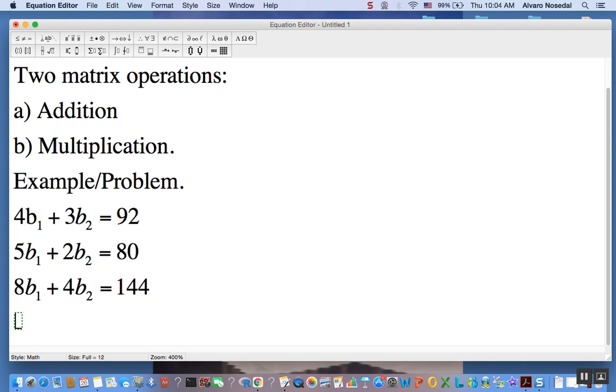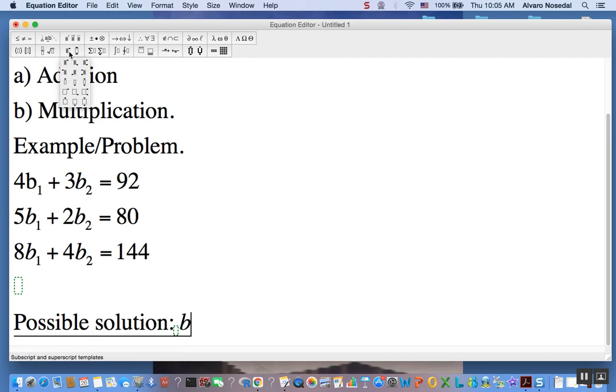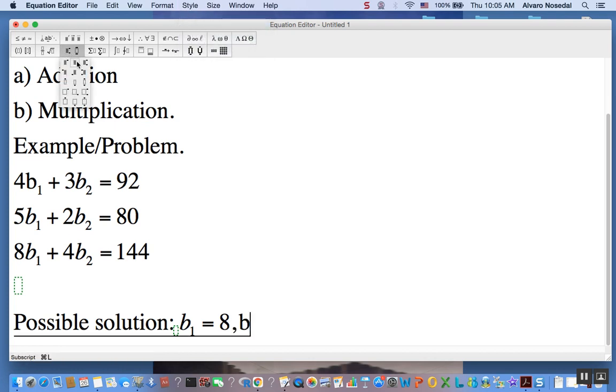So I claim that a solution for our system of equations is b1 equals 8 and b2 equals 20. Let's verify. Okay? So, possible solution. I claim that b1 equals 8 and b2 equals 20 will be a solution.